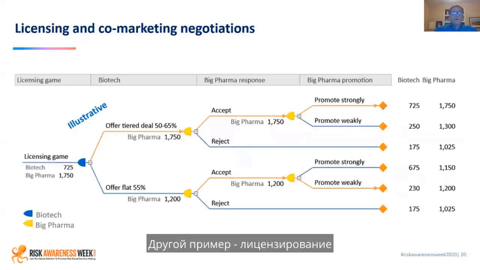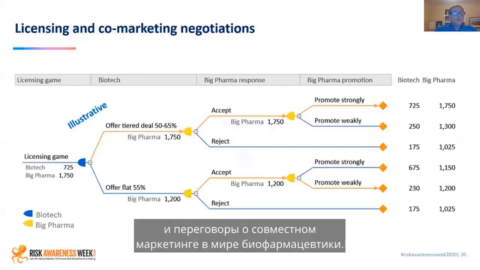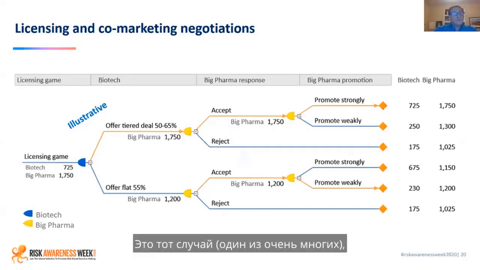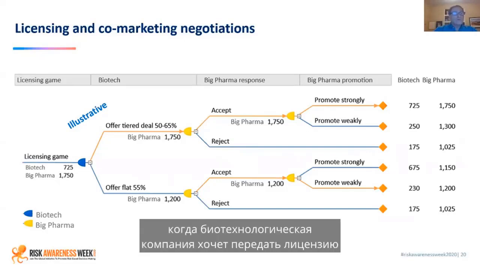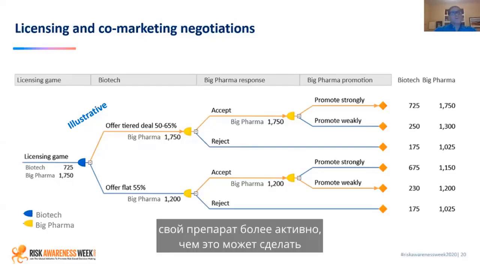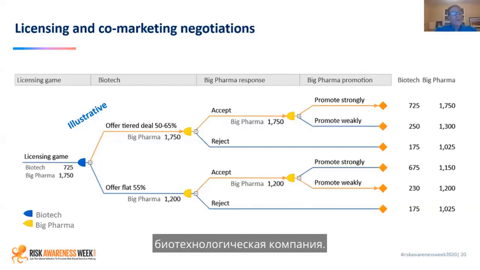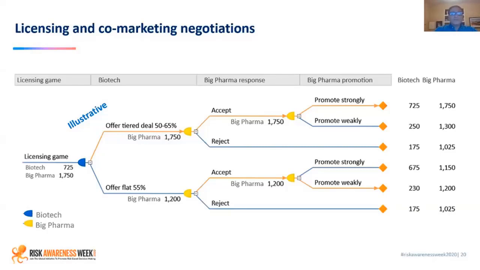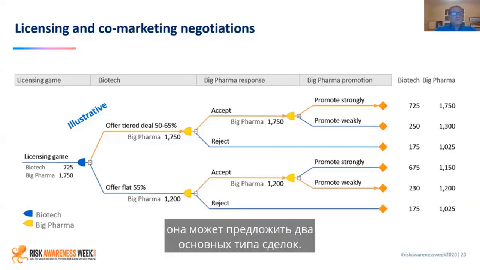Another example is in licensing and co-marketing negotiations in the biopharma world. This is a case, and these are very common, where a biotech wants to out-license to a big pharma company that can promote its drug more strongly than the biotech can. And what we found is that in this case, the biotech could offer two basic types of deals.